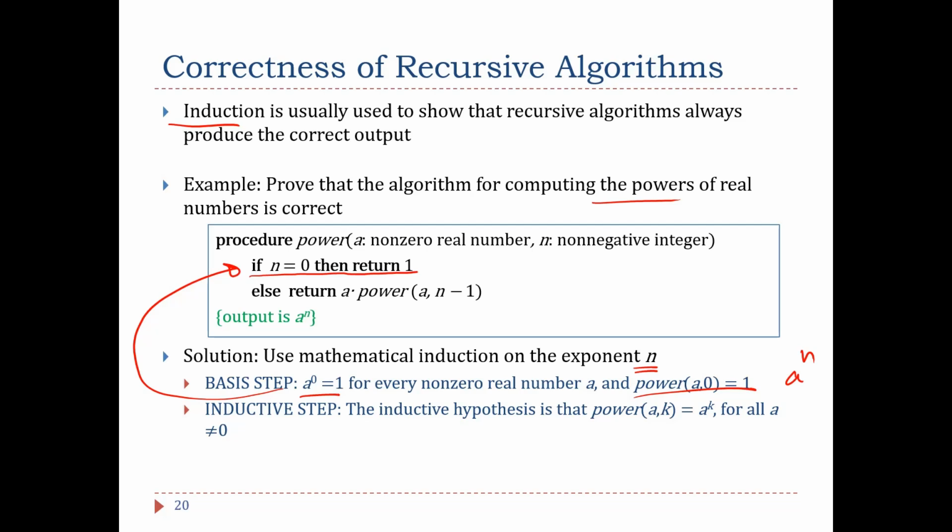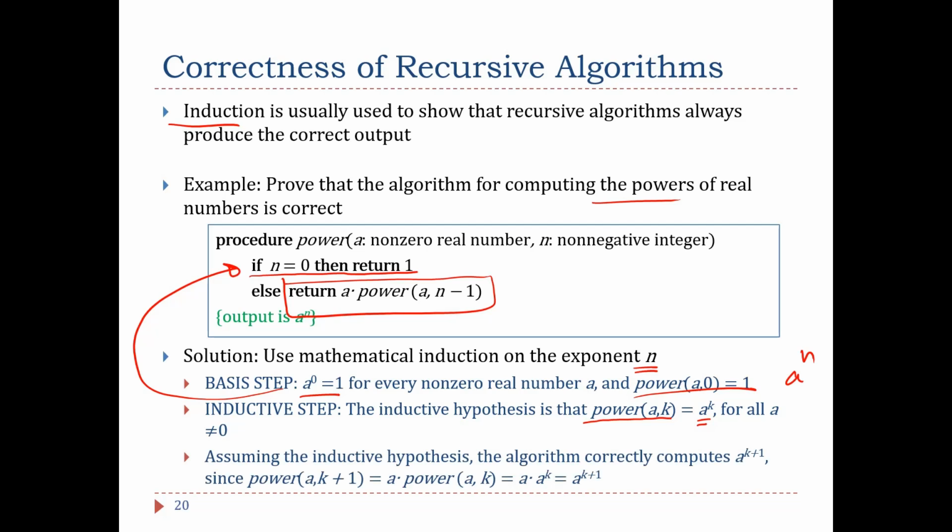As for the inductive step, the inductive hypothesis that we can use is to assume that power of a, k is equal to a to the power k, as we know it mathematically, for all a different than 0. Then using this piece of code, we can prove that the power of a, k plus 1 is equal to a to the power k plus 1. How can this be done?